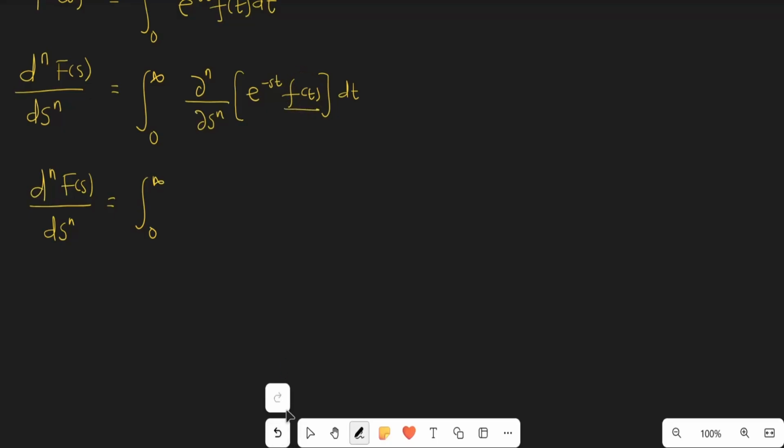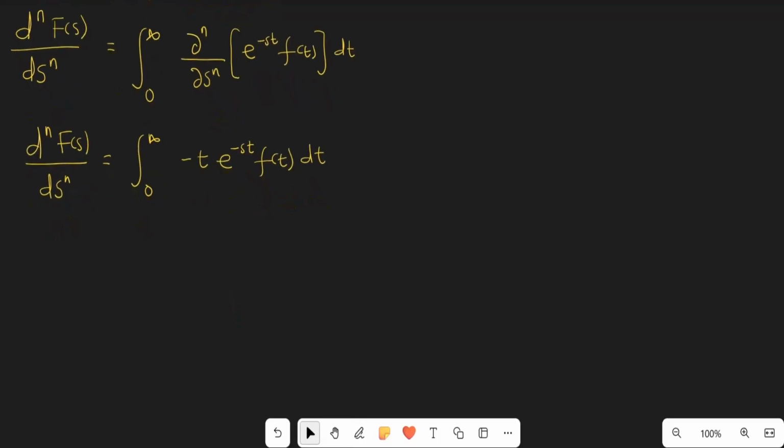Now we have to differentiate this with respect to s. When we do that, we differentiate the power, which is negative st, and we get negative t. So this negative t is going to multiply the function again: negative t e raised to the power negative st and then f of t and then dt.